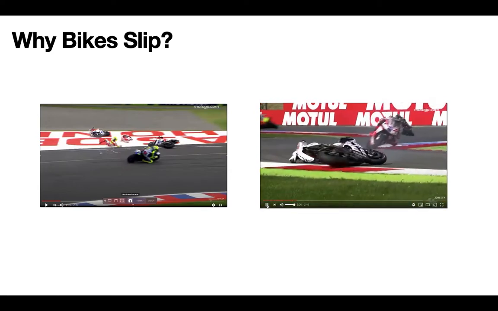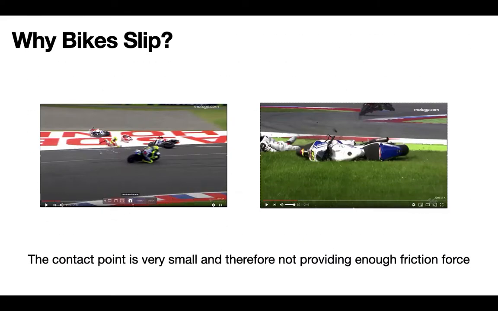Oh, he also skid. In the second video, if you look very carefully, the rear wheel lost contact with the ground. So the contact point is very small when they take the turn, and therefore it does not provide enough friction force, and that is the reason the bike slips.